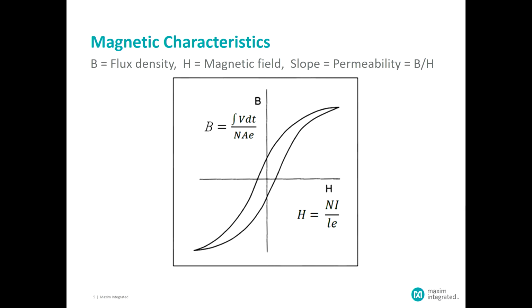We want lots of storage capability in a flyback transformer, so that curve will have a shape somewhat like, as shown here, or maybe even flatter, while the curve for a transformer that is intended just to transfer energy would be much more vertical.